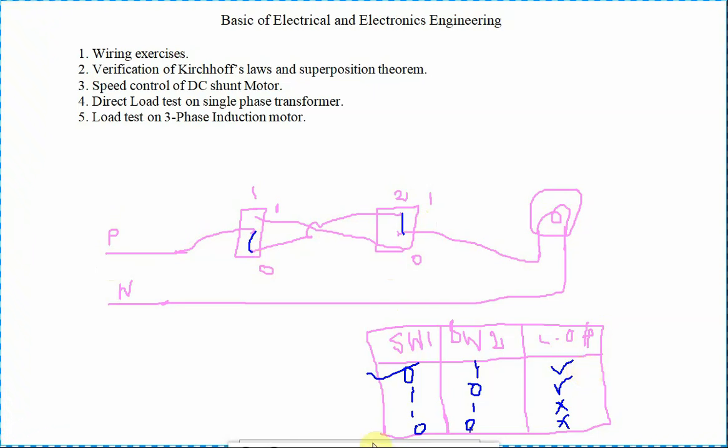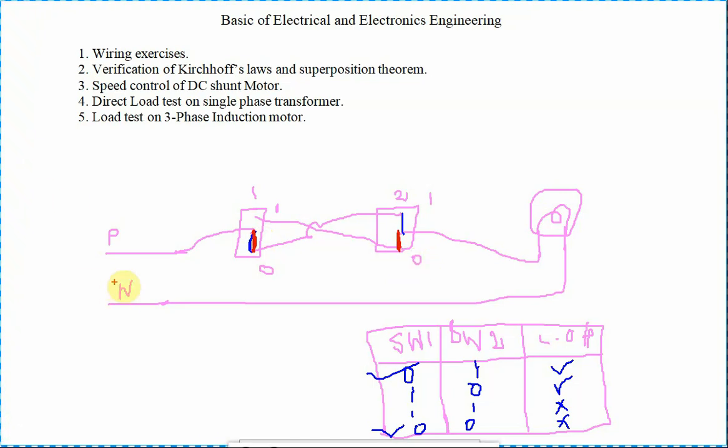Okay, so just look at the last positions. This is the off position. I will change the colors. It's an off position, and this is also an off position. What about the result? You tell me whether current flows or not.